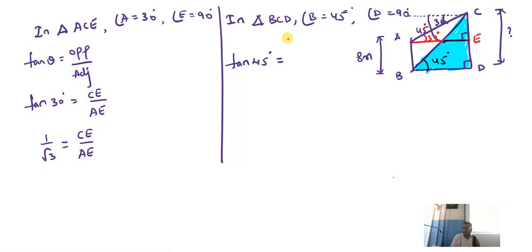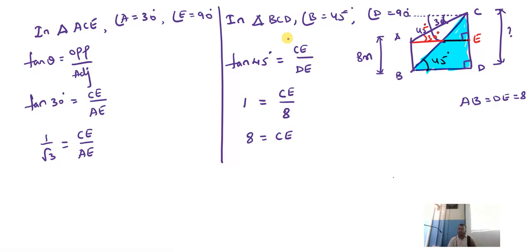My opposite is CE and my adjacent is DE or ED, both are the same. Tan 45 value is 1. CE I keep as it is. Now for DE, we know that AB equals DE, which is 8 meters. AB and DE are both equal, so I write DE as 8. Now 8 into 1 is 8, and 8 equals CE.